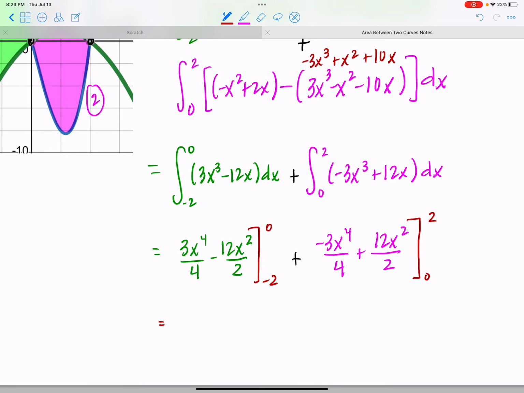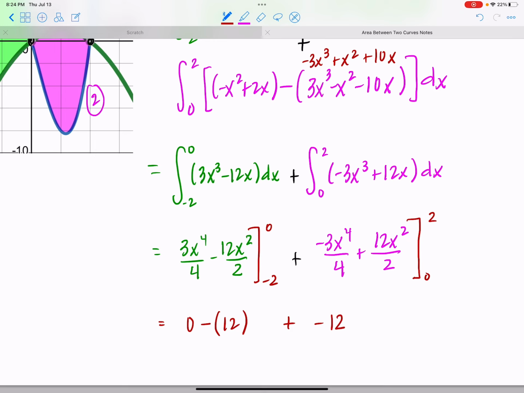So plugging in a 0, that's easy. We're going to end up with 0 for both of those terms. Then I need to subtract what I get when I plug in the -2. So -2 to the 4th is going to be 16, times 3 is 48, and 48 divided by 4 is actually 12. So there's the first one. Plus, over here, when I plug in 2, 16 times the -3 is -48. -48 divided by 4 makes a -12.